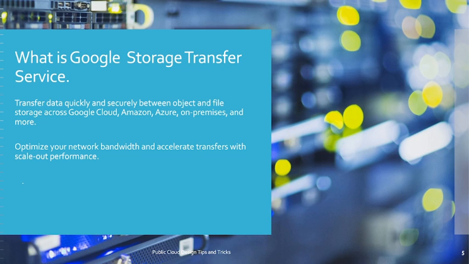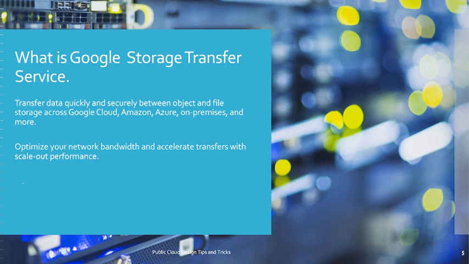So here the definition of Google Cloud Storage Transfer Service is: this is the service that helps you to transfer data quickly and securely between object and file storage across Google Cloud, Amazon, Azure, on-premise and more.